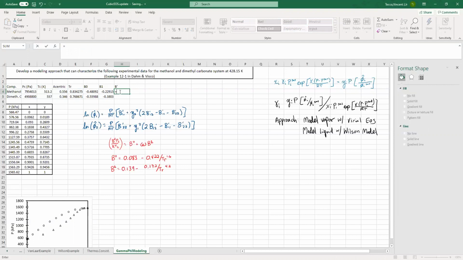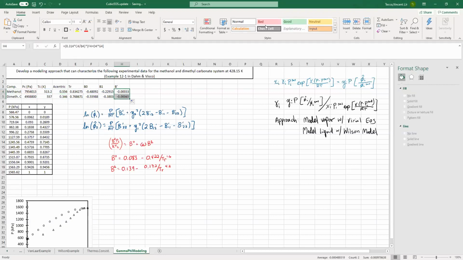So my value of R can be 8.314 times critical temperature divided by critical pressure. What I'm doing now is taking these three over to the other side, in case that wasn't clear. So I'm going to put these in parentheses and then multiply by B0 plus acentric factor times B1.